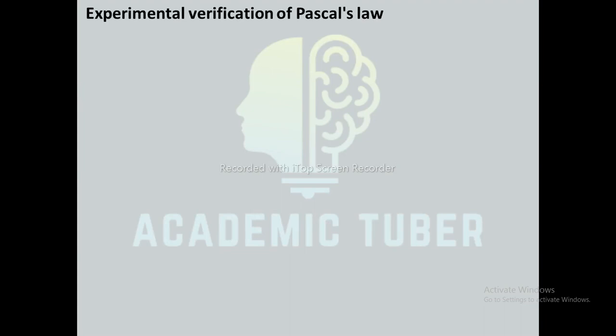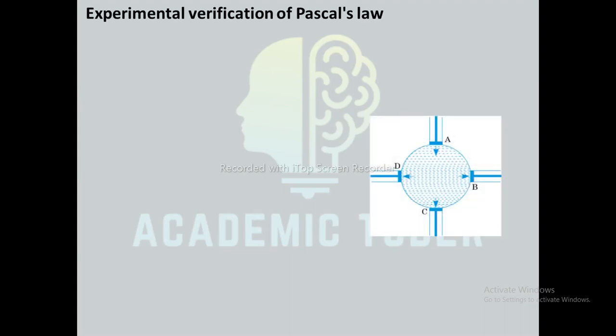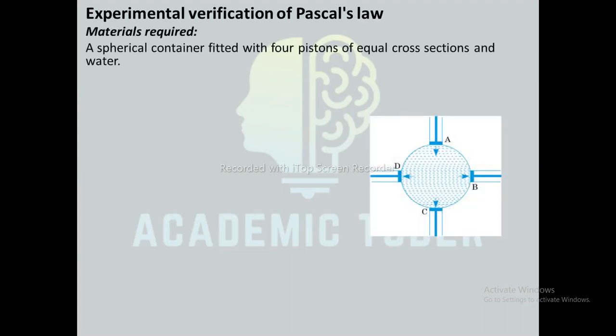Experimental verification of Pascal's law. Materials required: a spherical container fitted with 4 pistons of equal cross-section area and water, as shown in the figure.